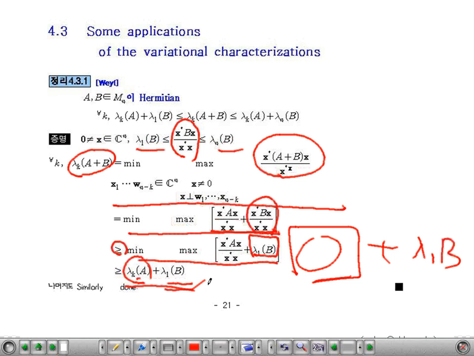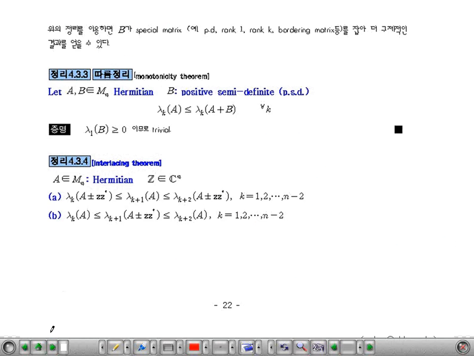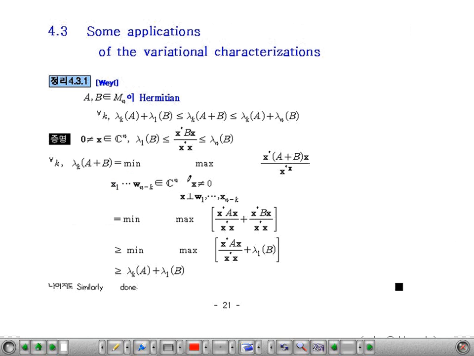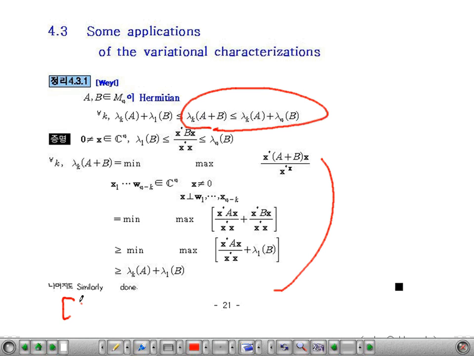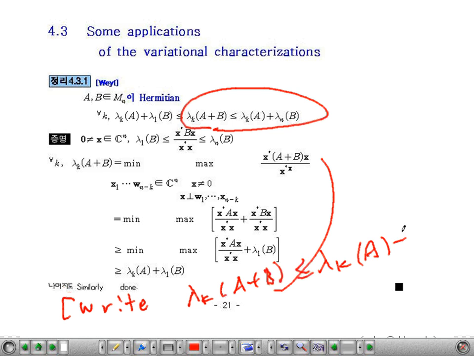Very simple, very easy. The others are the same. If you want to show the other one, just write the proof for lambda k of A plus B is at most lambda k of A plus lambda n of B. Trivial. Same.